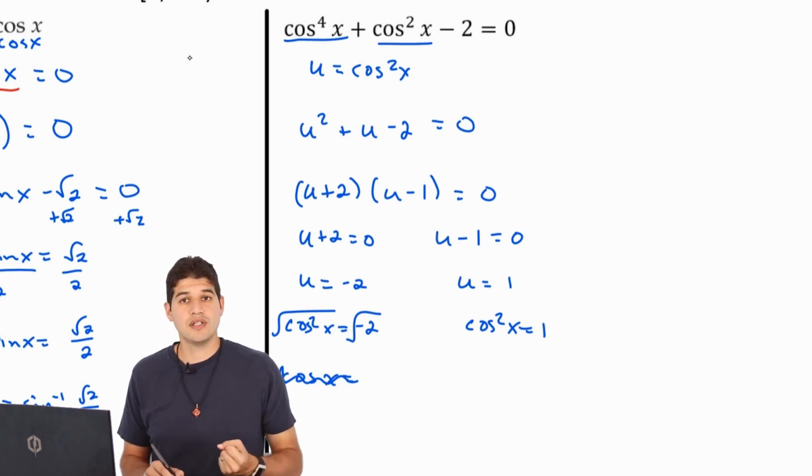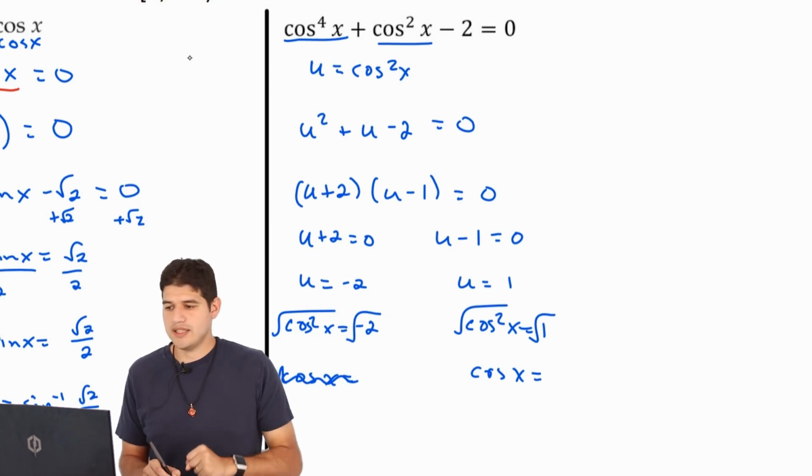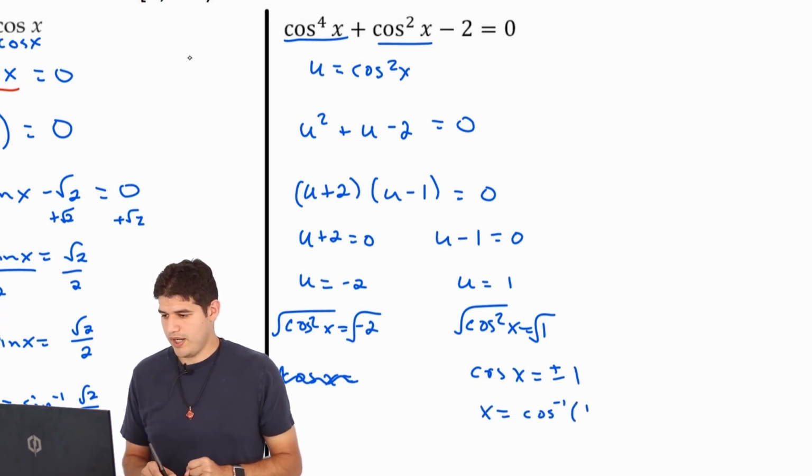I'm going to take the square root of both sides. Square root, and I get cosine of x equals, and remember, when you take the square root, you get positive or -1. And then we're going to get x equals the inverse cosine of positive or -1.